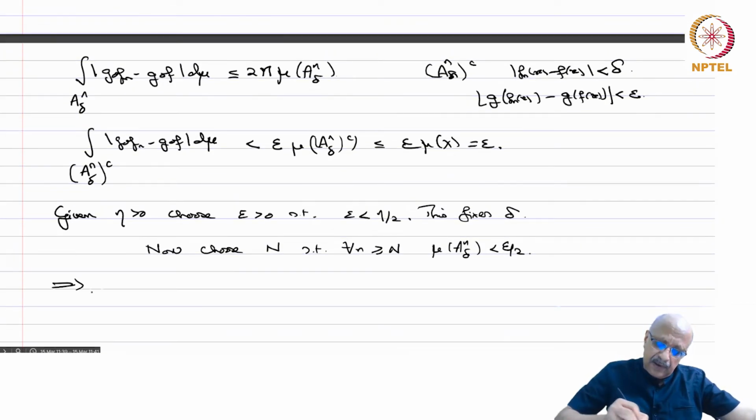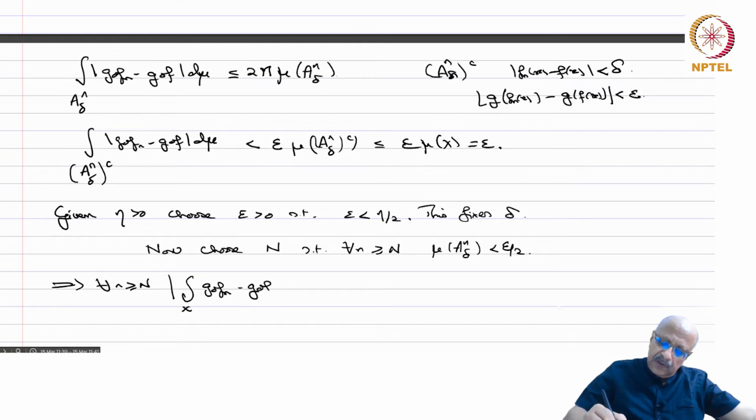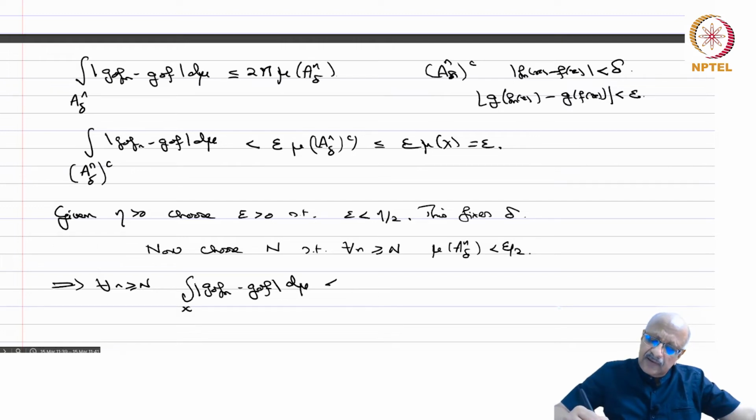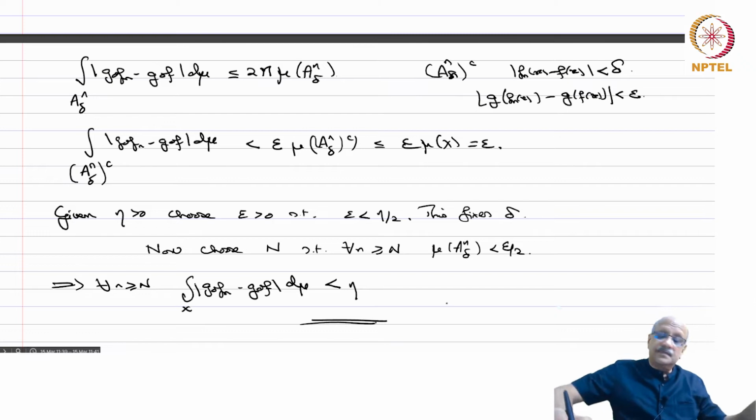And therefore this implies that for all n greater than or equal to capital N, the integral over X of mod g composed with f_n minus g composed with f d mu is less than eta, and hence the result. So that proves the theorem.